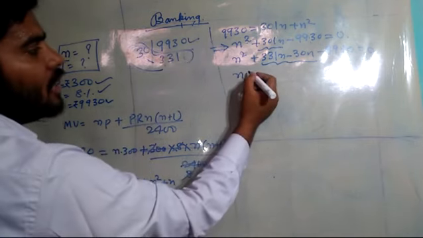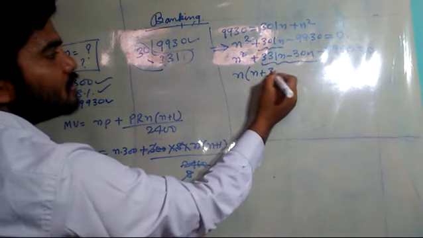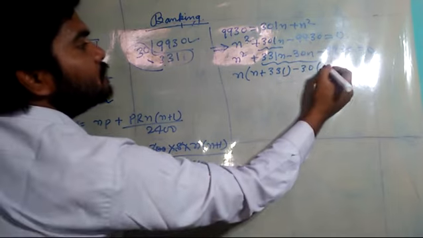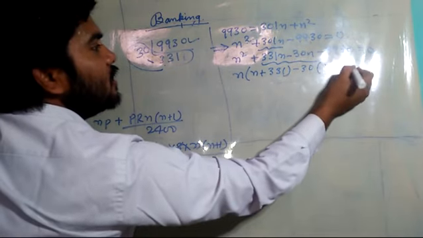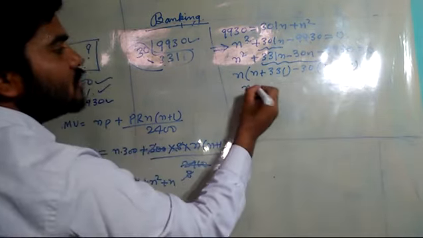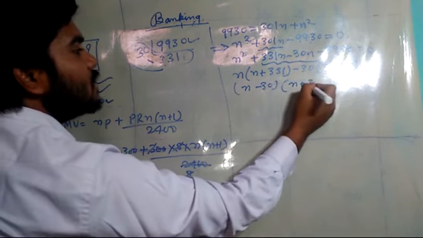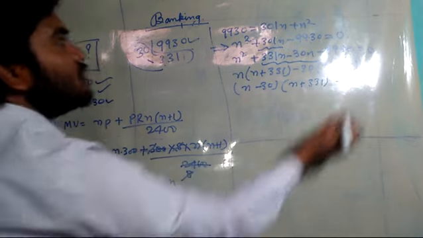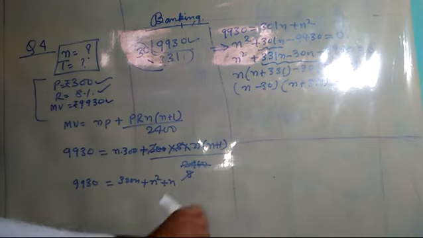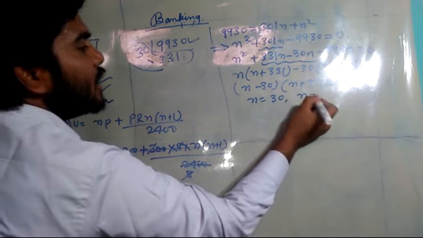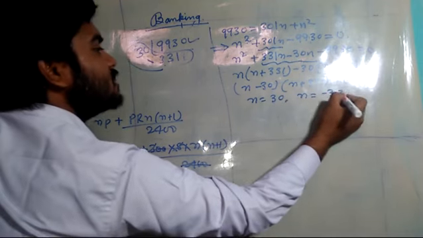So here I got N is equal to (N plus 331) minus 30 into (N plus 331) is equal to 0. So N minus 30 is one of the factors, N plus 331 is equal to 0 is another factor. So if I calculate, N will be equal to 30 or N will be equal to minus 331.